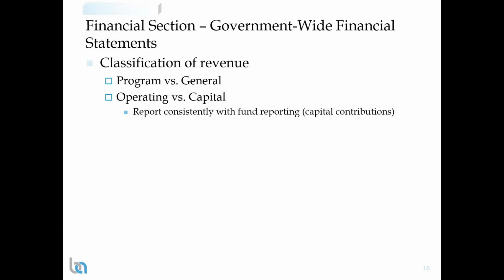If you're reporting in your water fund, you have capital contributions, then it's expected that when you go to the statement of activities, you're going to have capital contribution there as well. You can't have it mapped to operating here and then capital the other way or vice versa. And that's sometimes when you may have a grant and you have a line item that, depending on what that grant revenue is, is it for capital, not capital, and you have to look at it every year. That's probably what's happening there.